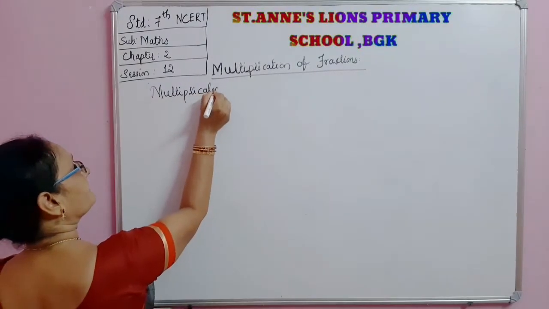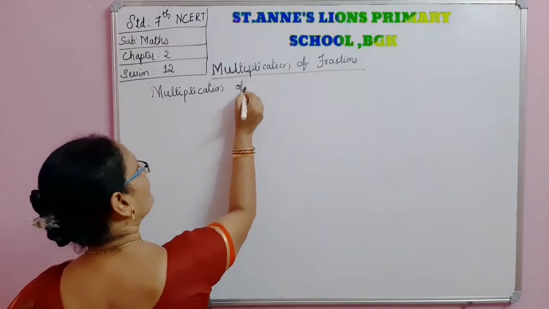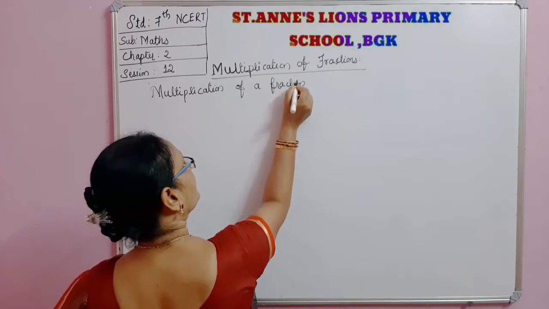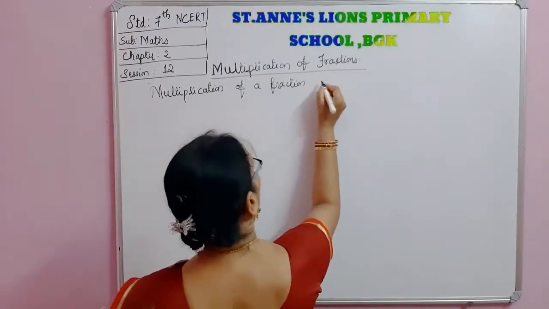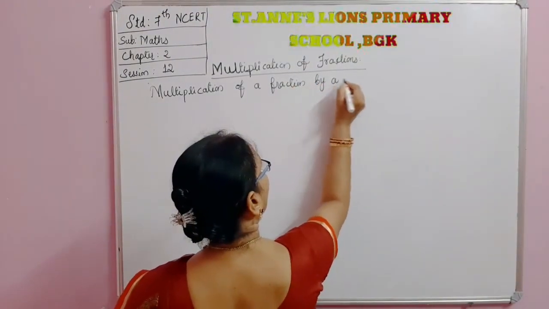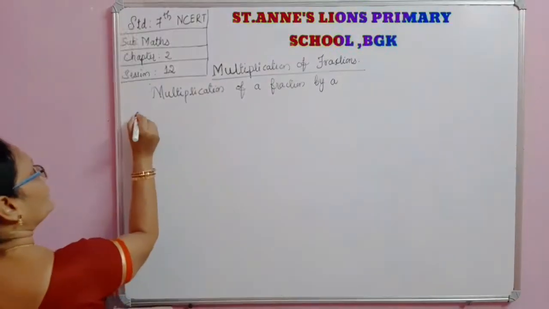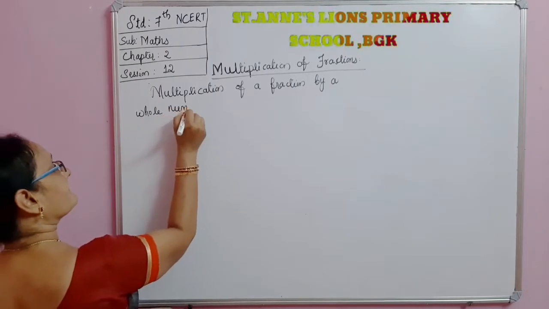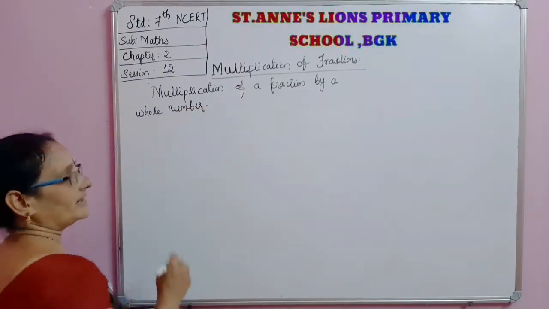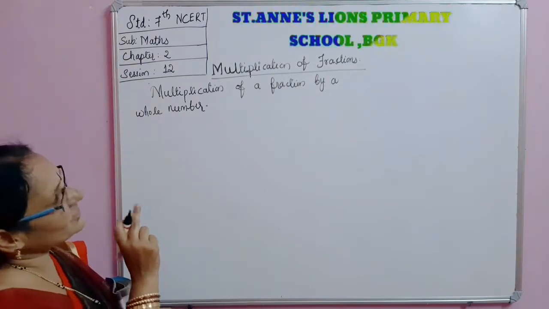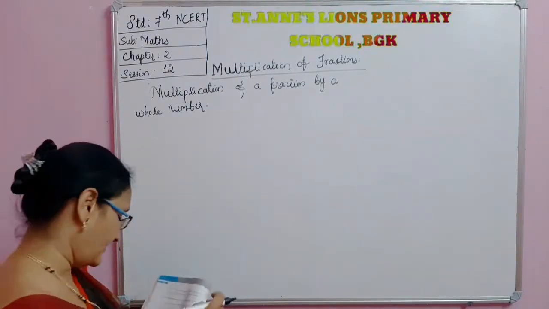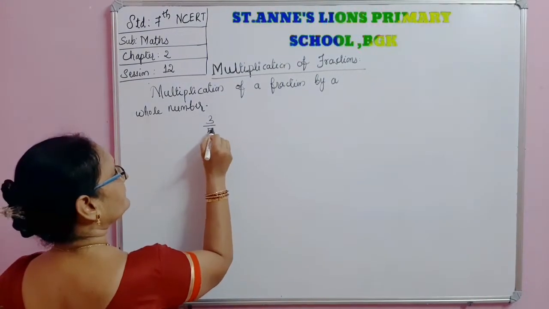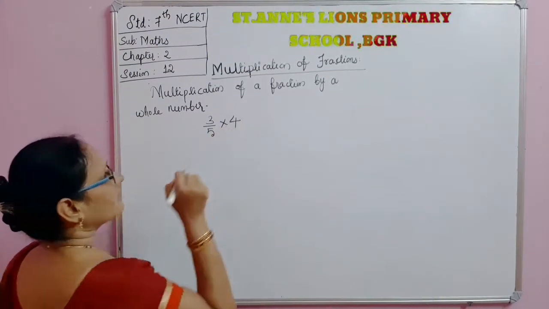Multiplication of a fraction by a whole number. See, suppose 3 by 5 is a fraction and 4 is a whole number.